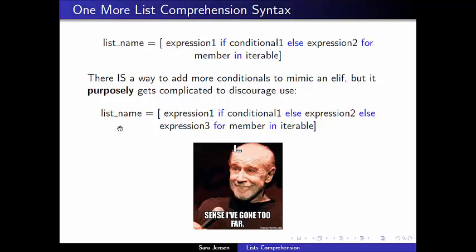I think at this point in time, especially when list comprehension is new, this amount of syntax just to do something in one line is starting to look a little bit overwhelming, and the simplicity that we've gained from list comprehension is beginning to get lost.